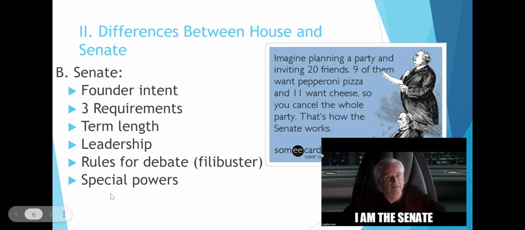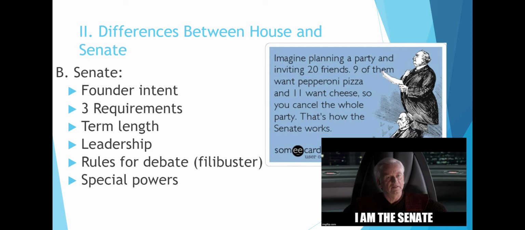As far as special powers go, there's a few things that the Senate can do that the House cannot. If no candidate gets a majority in the Electoral College, the Senate picks the vice president. Remember, the vice president is technically the presiding officer in the Senate. So if no one gets a majority in the Electoral College, the Senate is picking its presiding officer. The Senate also has control over ratifying treaties. The president can negotiate a treaty, but 2/3 of the Senate has to ratify a treaty in order for it to go into effect. 2/3 is a very high bar.